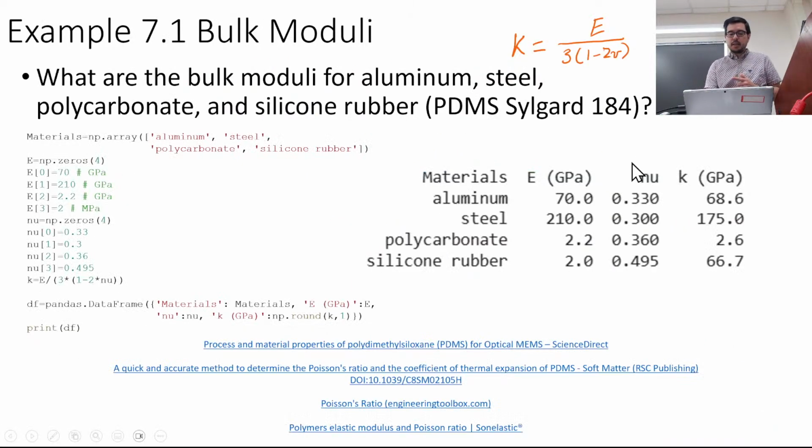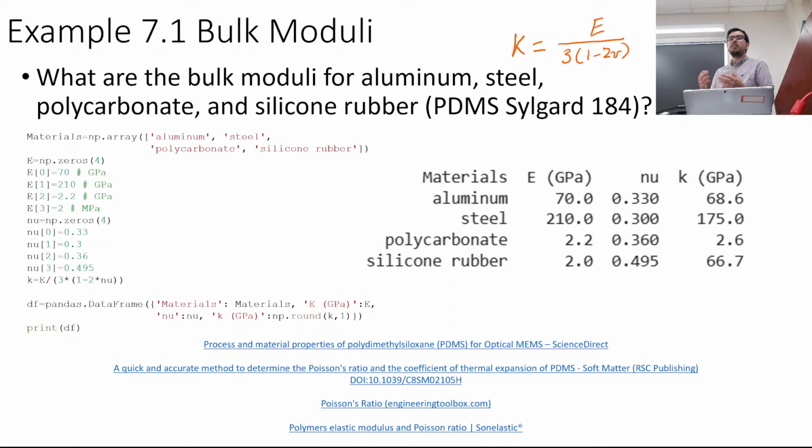The other thing, which I've emphasized previously in person and I think in the videos, is that a rough approximation for elastic moduli is that steel has an elastic modulus about 3 times that of aluminum.